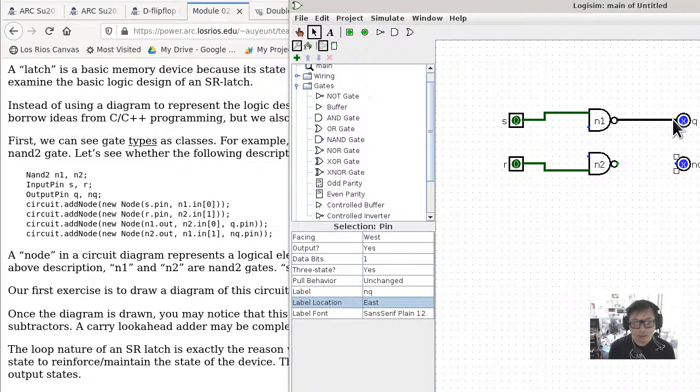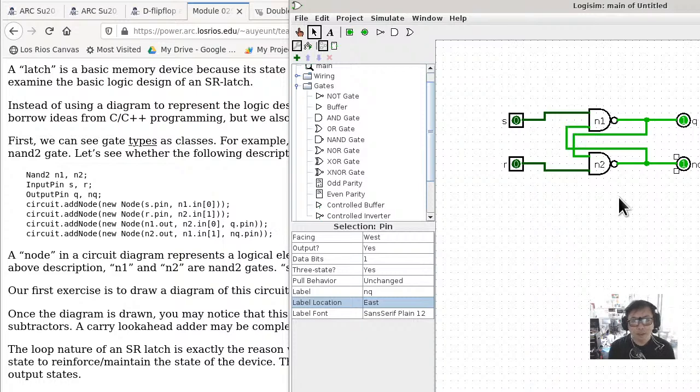So we connect it to Q first, and then we also connect to the first input of N2, like so. And then the last one is from N2 to the port of NQ, but just like with the other one, it also connects to the second input of N1.